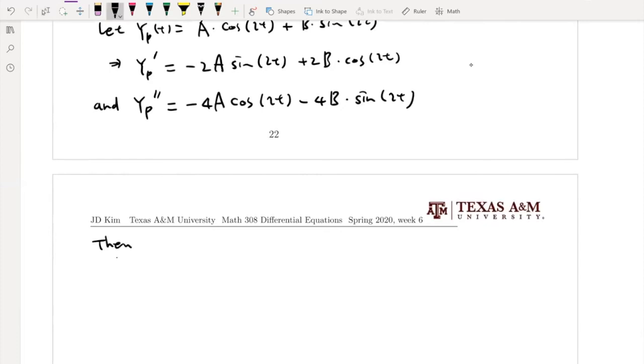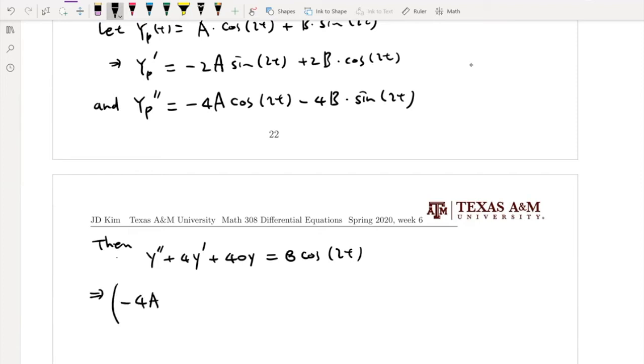My differential equation, which is y double prime plus 4y prime plus 40y is equal to 8 cosine 2t, will be in this form. Let me write everything, okay?